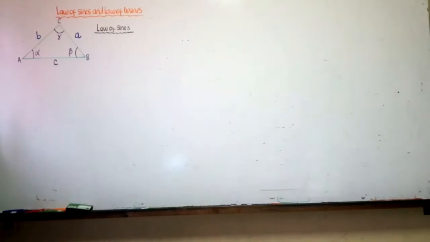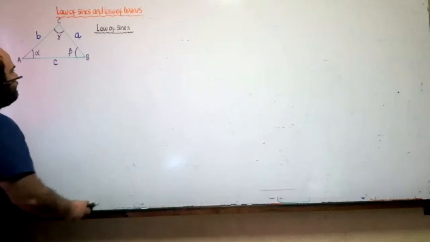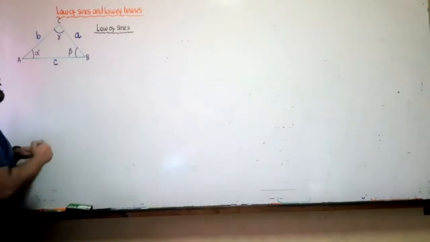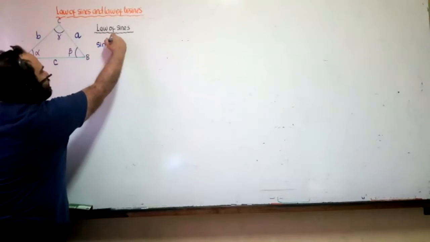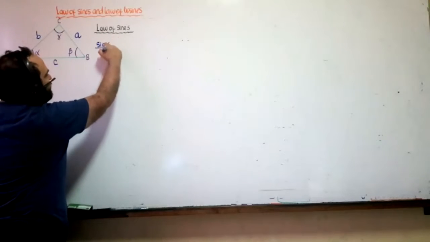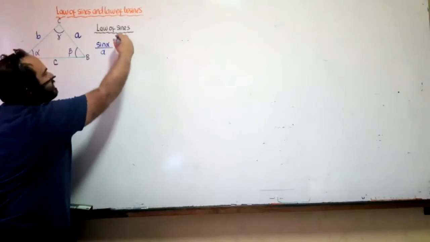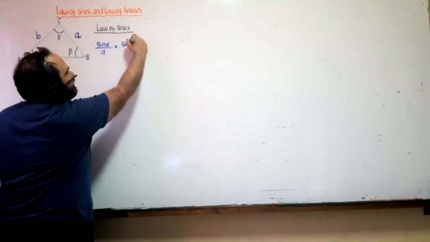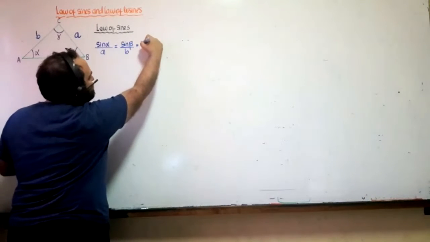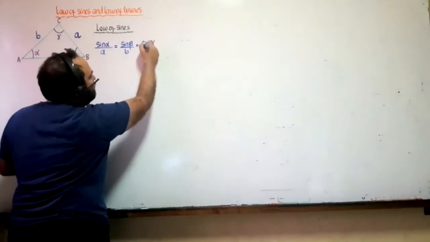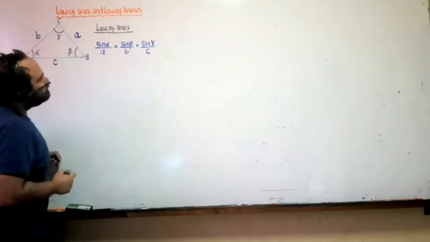For example, if you're looking for the value of the angles, we can use this proportion: sine alpha over a equals sine beta over b and sine gamma over c.